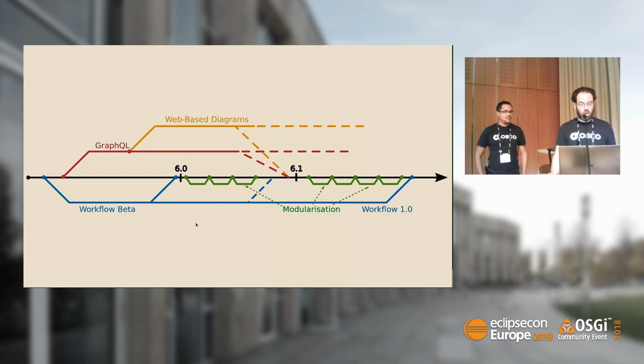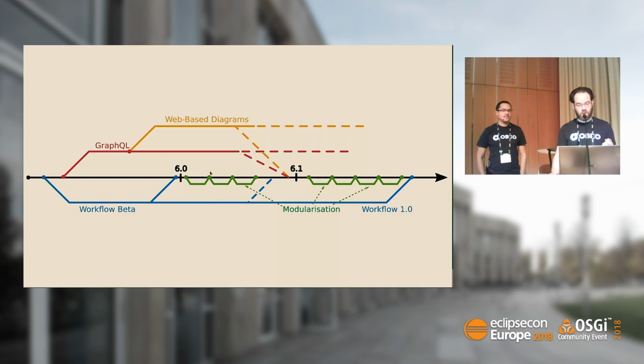So in 6.0, for Photon, we released an experimental version of workflows that you can install, try and use, and give us feedback. In parallel, the experiments with the web-based diagram allowed us to identify the first pain point in the current Sirius architecture, where we need to be more modular.